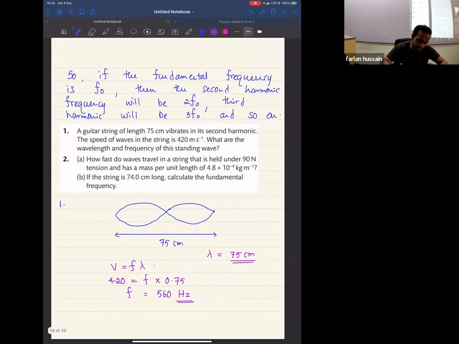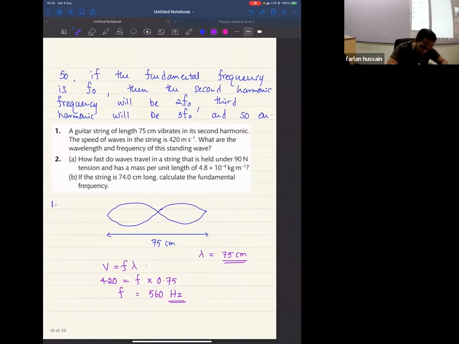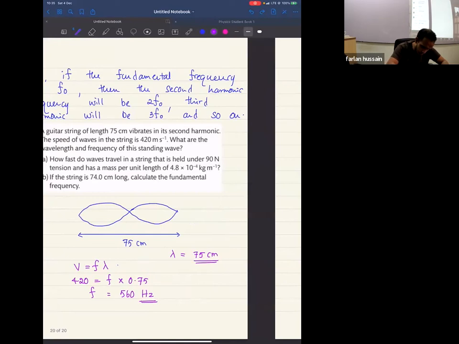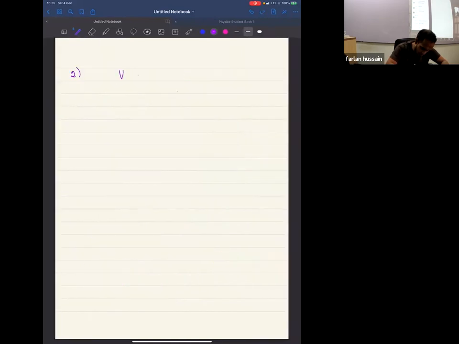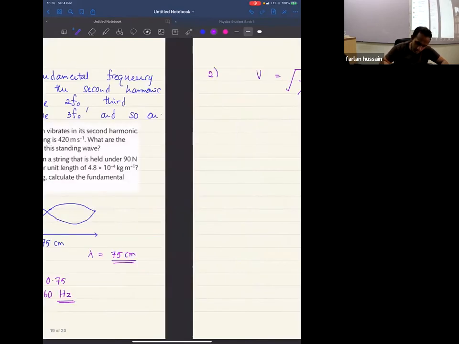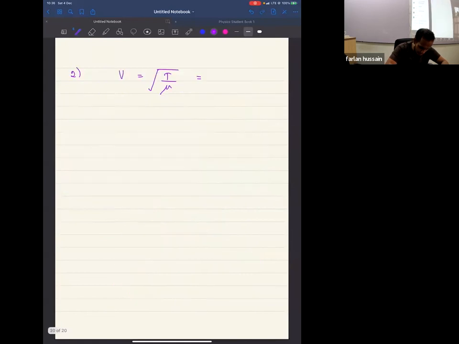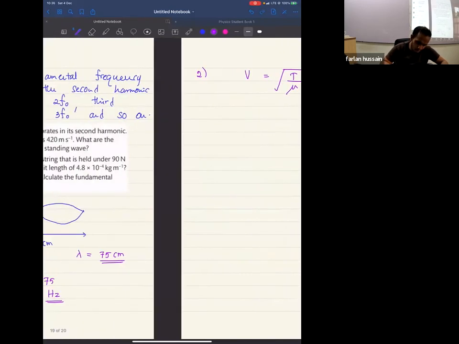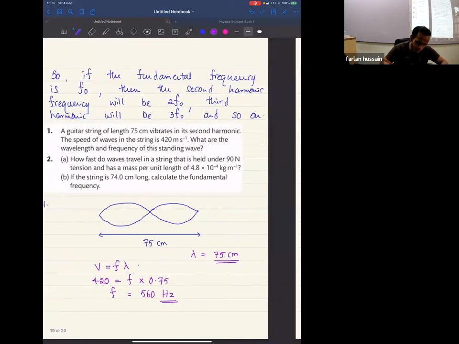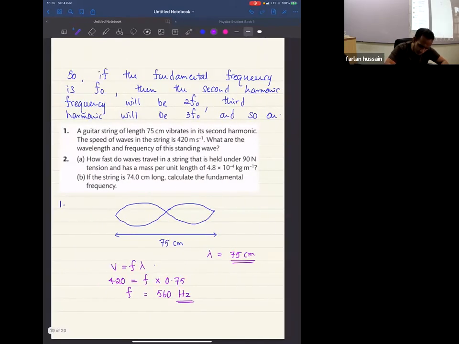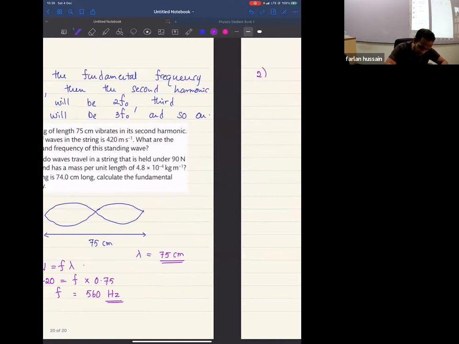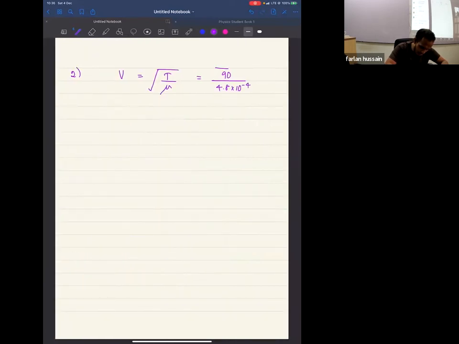So for that we use V equals square root of T over mu. The tension is 90. The mass per unit length, mu, is 4.8 into 10 to the power minus 4. And then you need to get the square root of the entire thing.